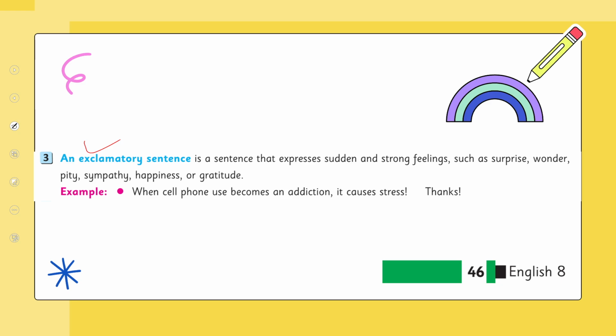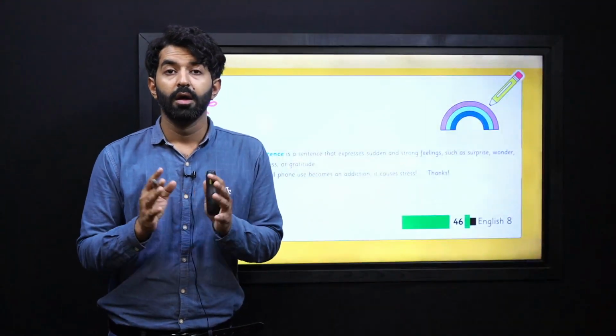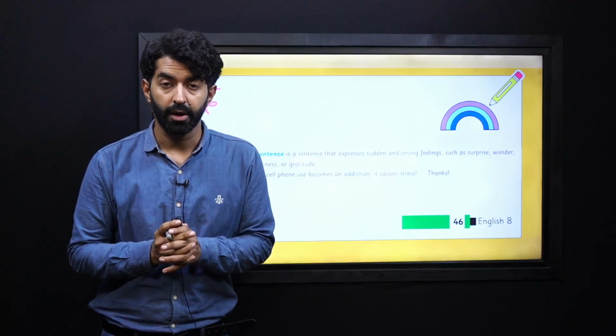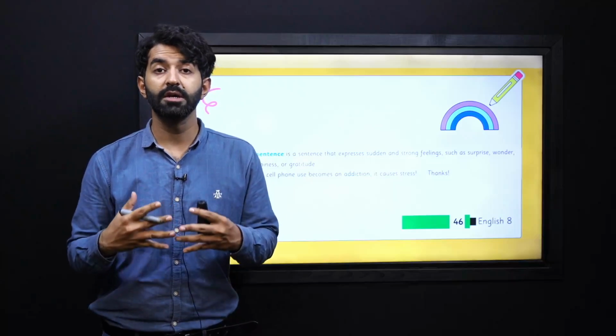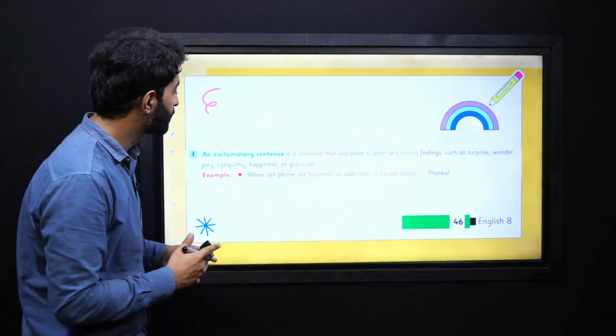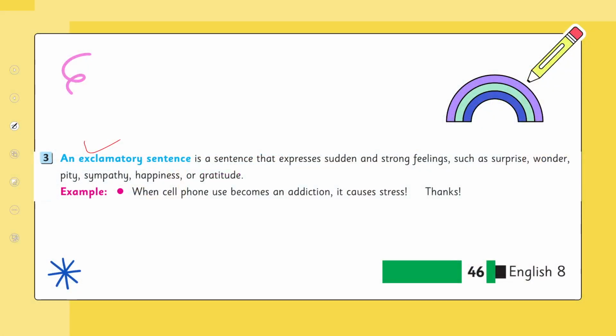Exclamatory sentence. Now, exclamatory sentences end with an exclamation mark. It shows your sudden emotion, your strong feeling that you have. For example, it expresses that you have sudden and strong feelings, such as when you are surprised, wonder, pity, sympathy, happiness, or if you are showing gratitude or thanking somebody.